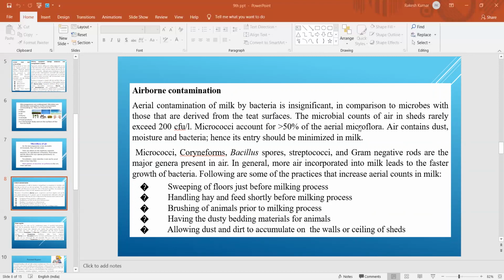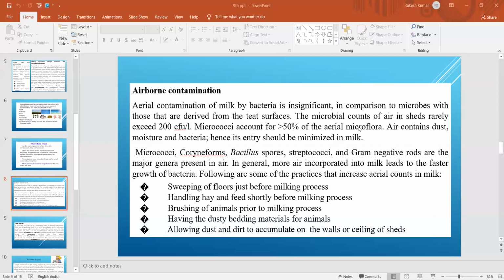So you can conclude that whatever dust particles are there inside your barn or inside your manufacturing or production system, and what the moisture level is, these are responsible for adding some number of contaminants to your raw milk. Micrococci, coryneforms, Bacillus spores, streptococci, and gram-negative rods are the major genera present in air.